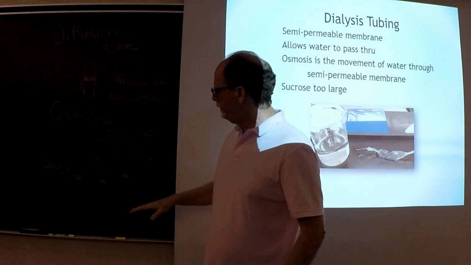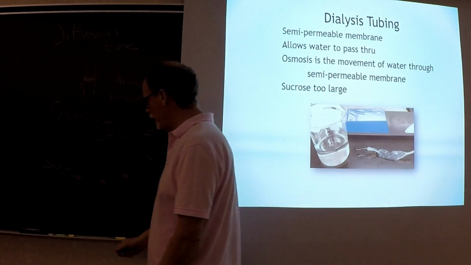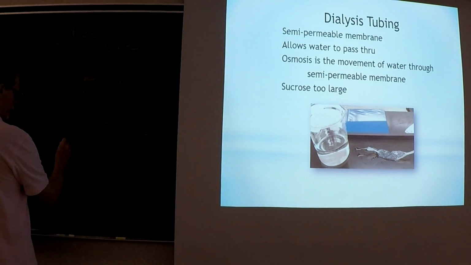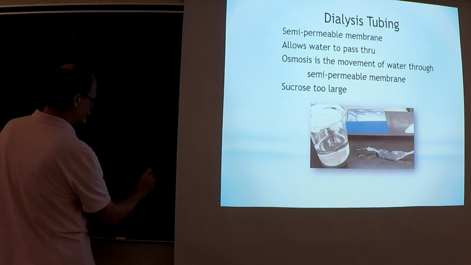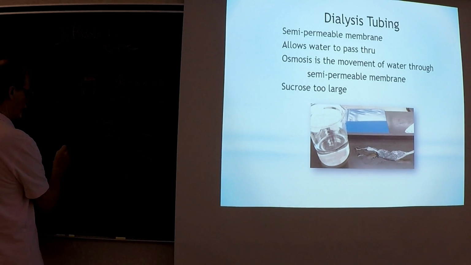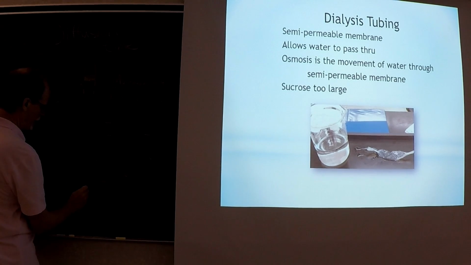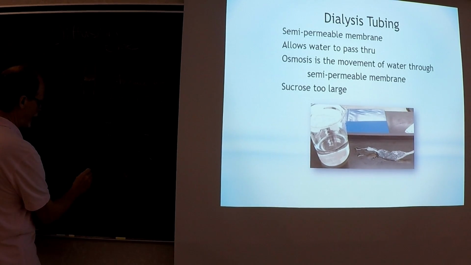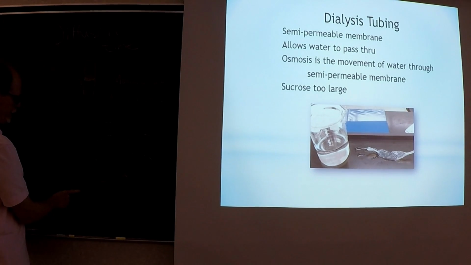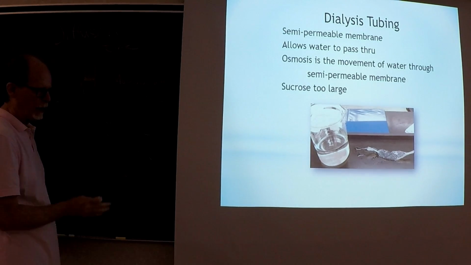So if we put this bag into a big beaker, and in the beaker we just had water, and then we had water inside the bag, the water in the beaker could get into the bag, and the water in the bag could come out of the bag and go into the beaker. It can go back and forth.